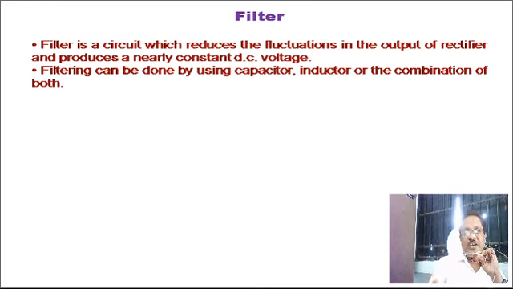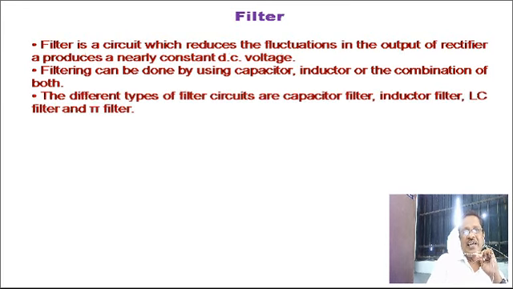Now there are different types of filter circuits: capacitor filter, inductor filter, LC filter, and pi filter. But according to the syllabus of SYBSC, we have to study only one type, and that is the capacitor filter. We have to study only the capacitor filter.